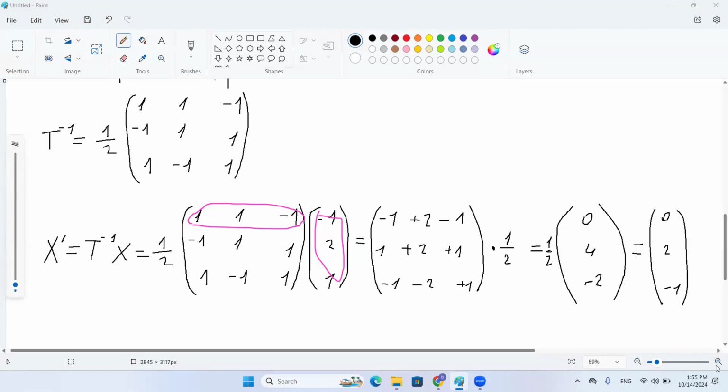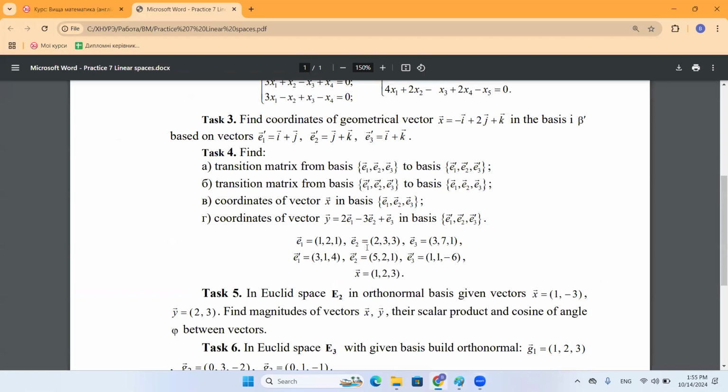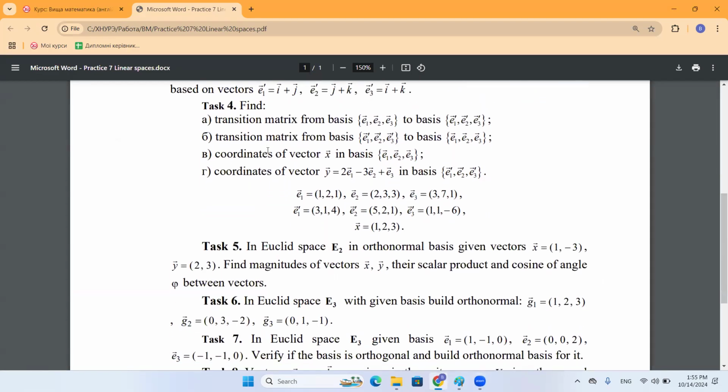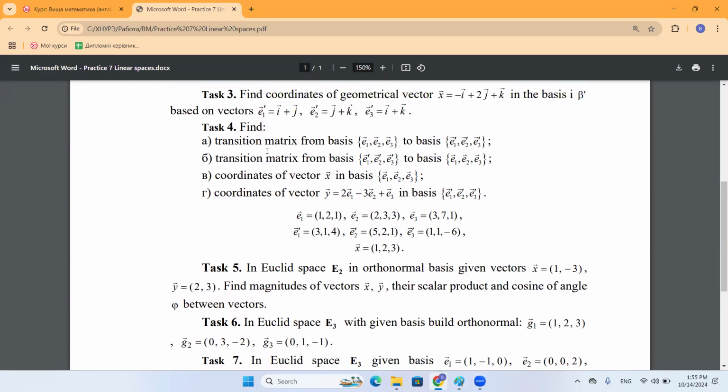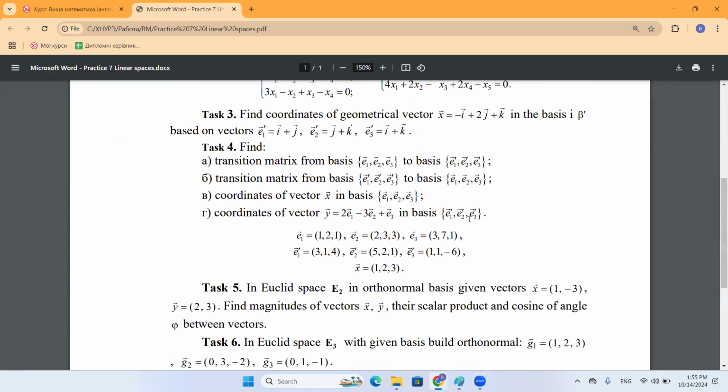No questions, I think. But let me check if anybody raised hand. Okay, no hands means no questions. So what is the next? Actually task 4. The same things that we were doing in task 3, but more manipulations.